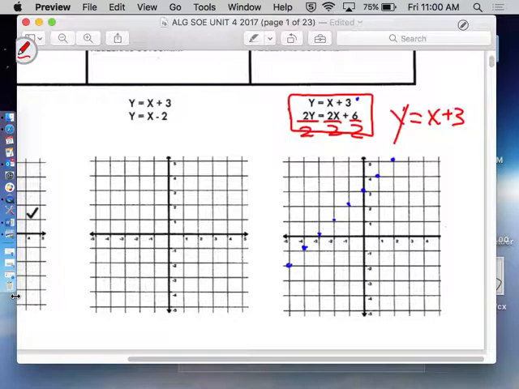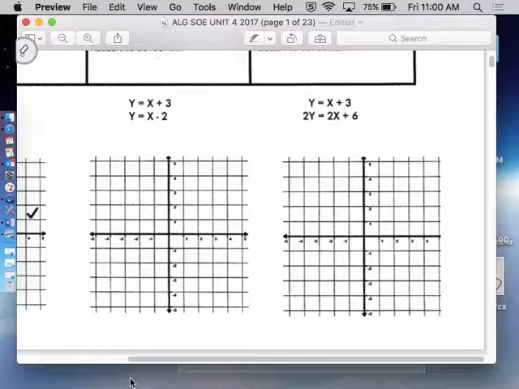So the two equations actually represent the same line. If I were to graph, I would just be graphing on top of the line that I already graphed. So this is a case where you would have infinite solutions, infinite (x, y) ordered pairs that would make both equations true at the same time.